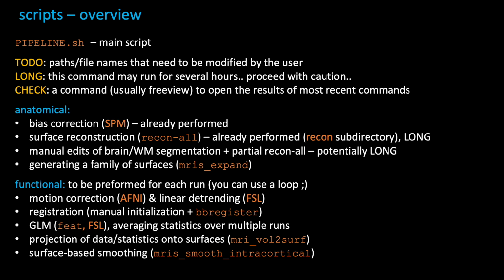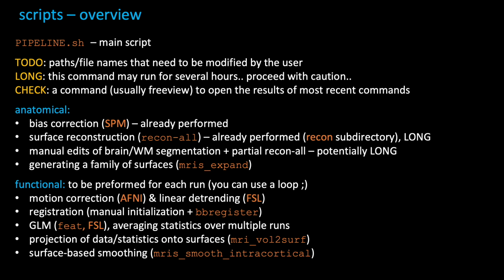And CHECK are the commands that I marked that are loading the results of the previous step or steps for the sanity check, for quality control, to make sure that we know what's going on with our data and that the whole thing we're doing is not a black box. I already provided you with the recon outcome because, as I said, it would be very difficult to wait for it.